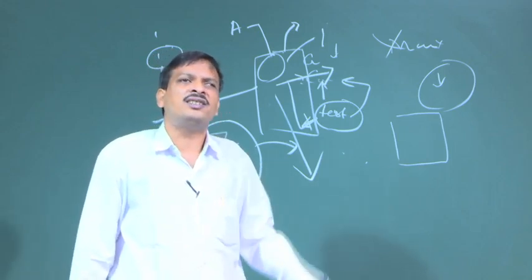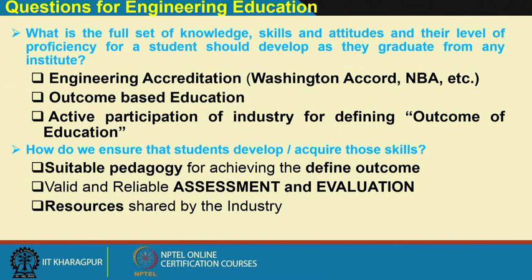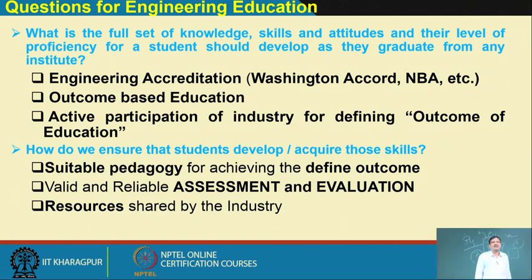So, these questions are answered by 3 things. One is called engineering accreditation, Washington Accords or NBA.